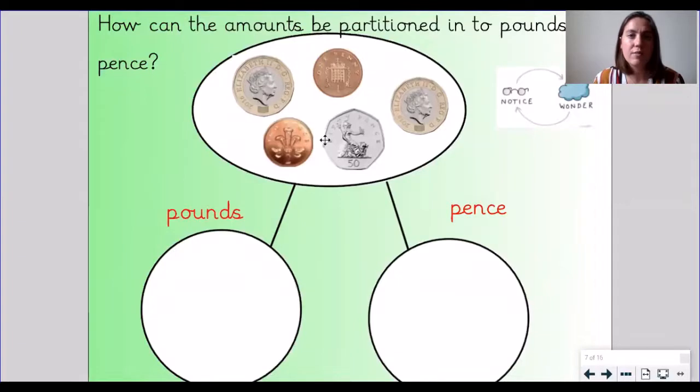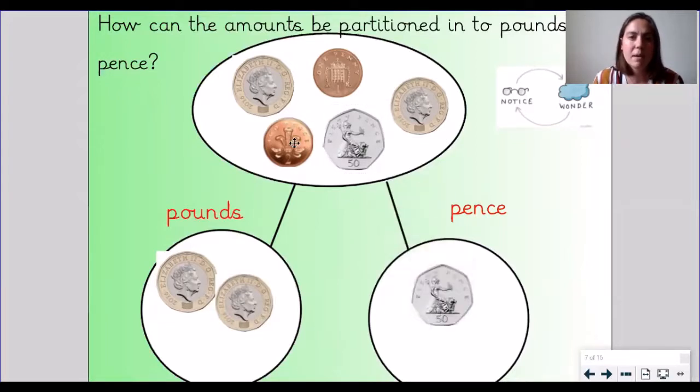This one's quite straightforward. I have £1 here, so I put that over in my pounds. I've got another pound here, so I put that over with this pound. That's £2 altogether. And then I've got my pence left over, so I've got 50 pence, 2 and 1, so altogether that is 53 pence.